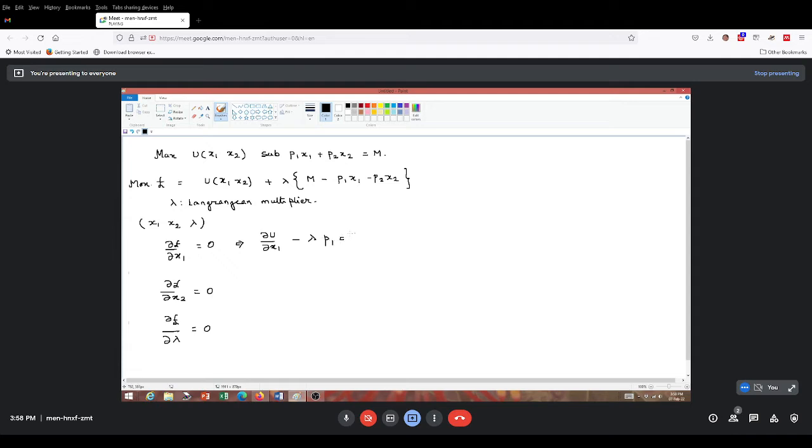So we can write this as u1 minus lambda p1, and this is equal to 0. Similarly, the other two functions are u2 minus lambda p2 is equal to 0, and in the third case it is m minus p1 x1 minus p2 x2 is equal to 0.